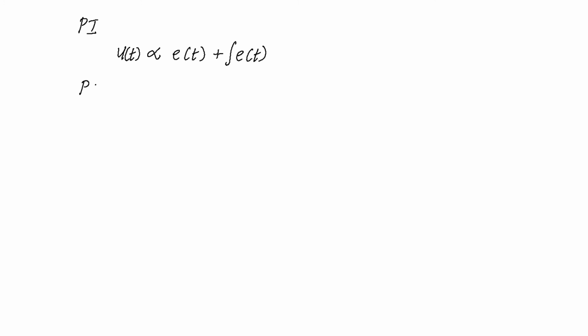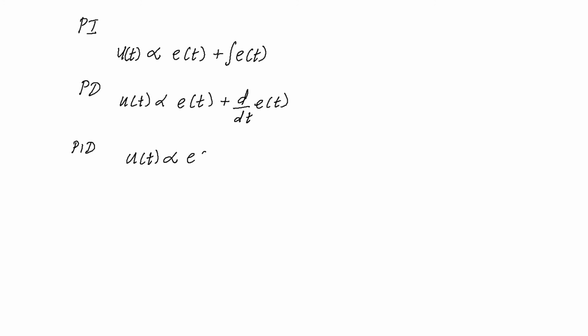Then we learnt about the PD controller, which is directly proportional to the error signal and the derivative of the error signal. Then we learnt about the PID controller, where U of t is directly proportional to the error signal plus the integral of E of t and the derivative of E of t.